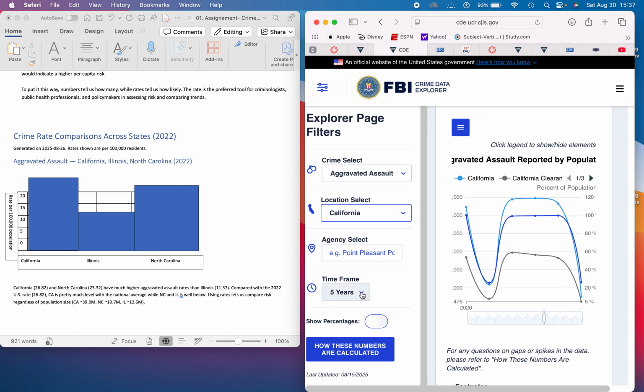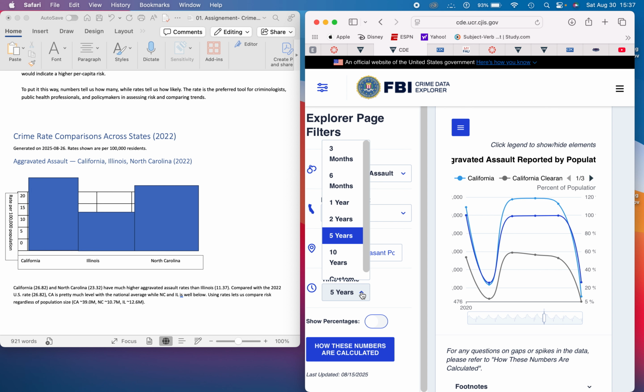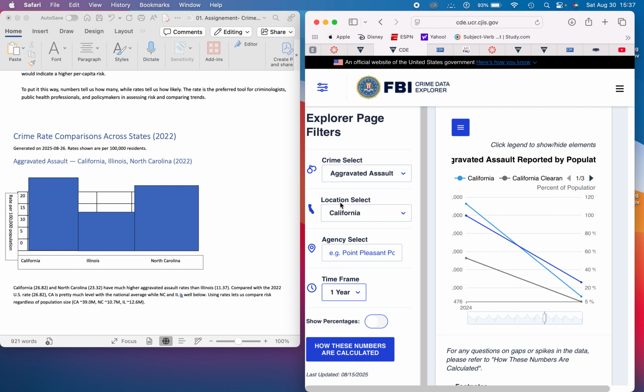So the time frame, you wanna make sure you get whatever time frame you want. For me, in that case, I choose 1 year. So a year could be this one right here. So I take a year. Okay. This is from August 2024 to August 2025. But this is not what I have in here.